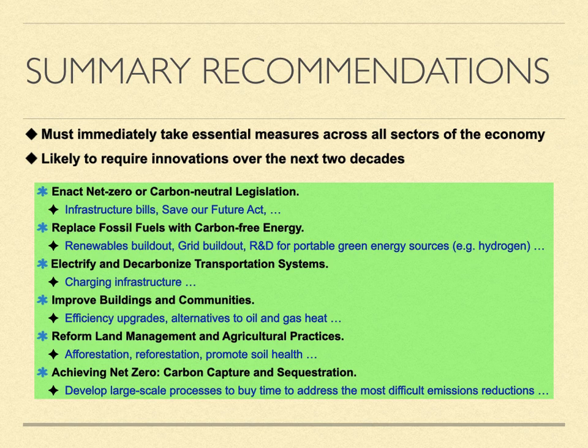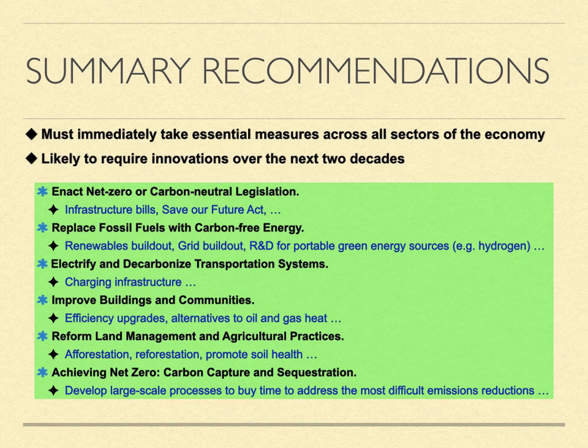We must replace fossil fuels with carbon-free energy, which means we need to build out renewables, we need to build out the electric grid, we need to have R&D for portable green energy sources, for example, green hydrogen. We need to electrify and decarbonize transportation systems. So we need to build out a charging infrastructure and also develop portable green energy sources. We need to improve buildings and communities through efficiency upgrades and providing alternatives to oil and gas heat.